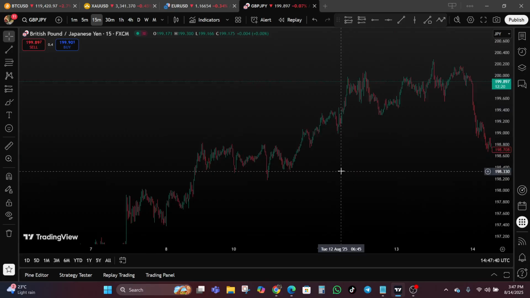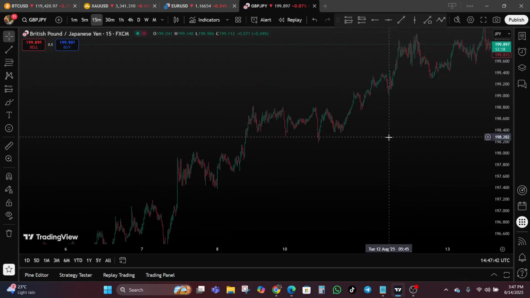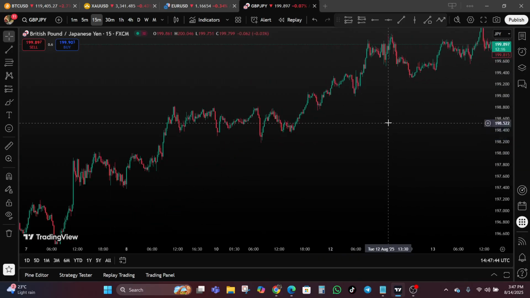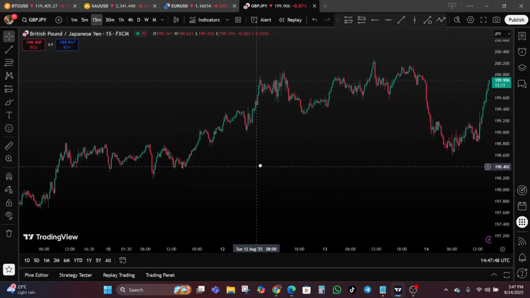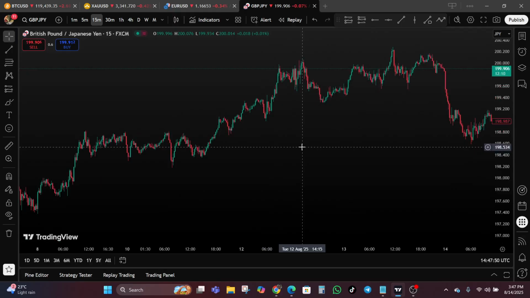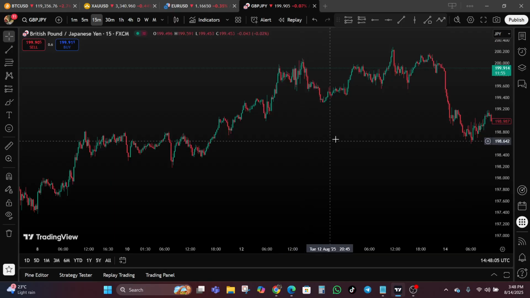Now, in case you do not know what order blocks are, an order block is an area on the chart where large financial institutions like banks, hedge funds, and other smart money players have placed significant buy or sell orders. So these orders create strong imbalances in the market, leading to sharp price movements.